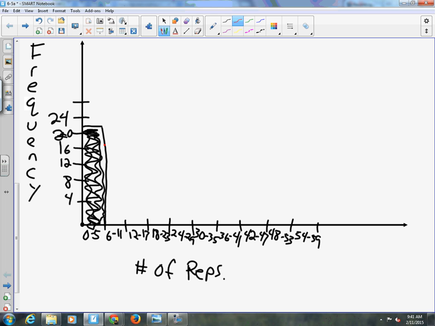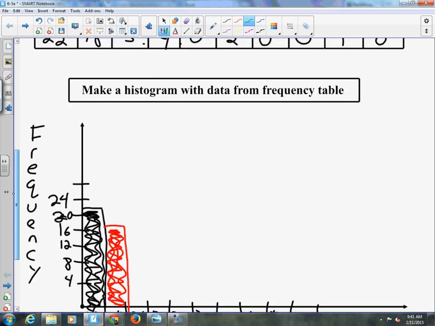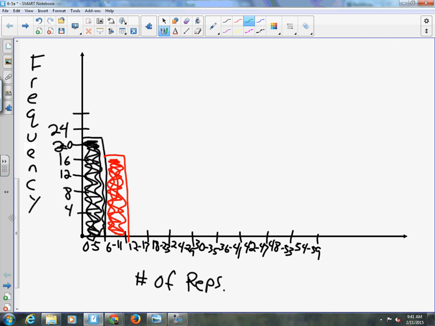Find 18. Color it in. My next one, 12 to 17, had 3. It's going to be somewhere right in there. 4 is the next one. This one's going to be just a little touch higher.